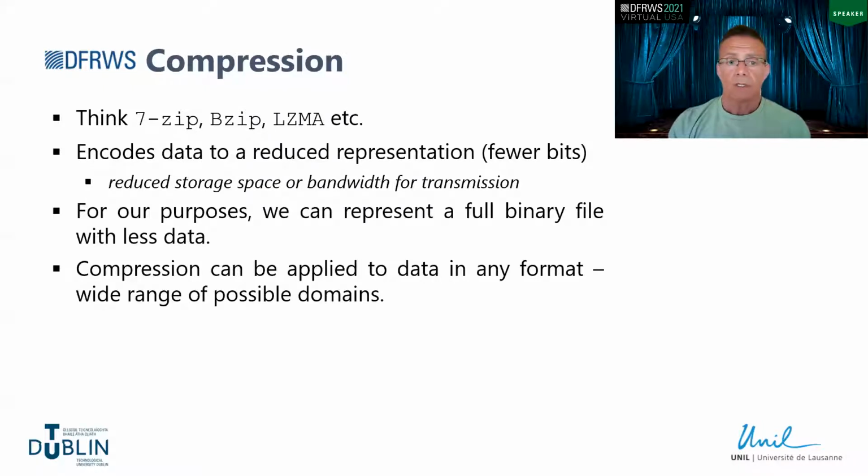For our purposes, we can think of compression as representing our data or our files with less data, so essentially a subset of the original data. The advantage of compression as well is that it can be employed on data in any format. So this has the potential to be used in a wide variety of domains. So it's not just limited to malware classification.